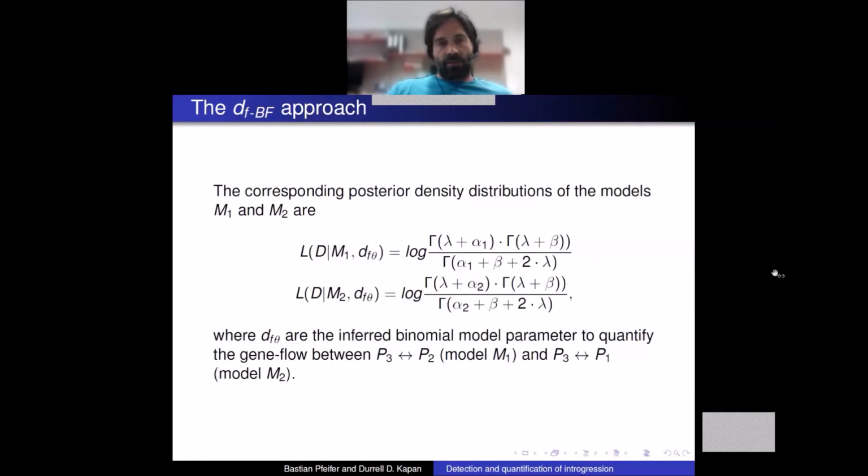So this is the corresponding likelihood function with the gamma distributions, and you see that the framework includes this DF theta parameter, which can be used to quantify introgression. And the Bayes factors basically give us a hint how confident we are about this value.